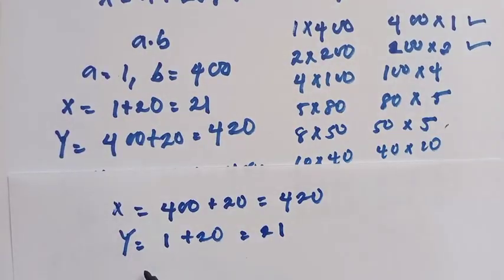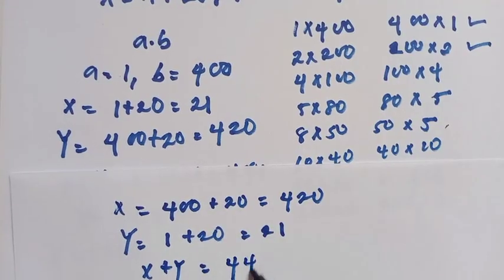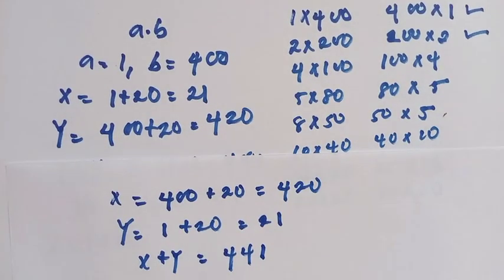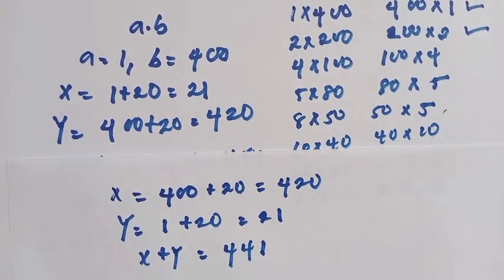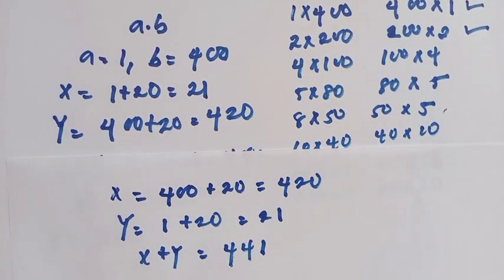So now x plus y will still give us 441. So the first one is the factors, and then this is the swapped factors.